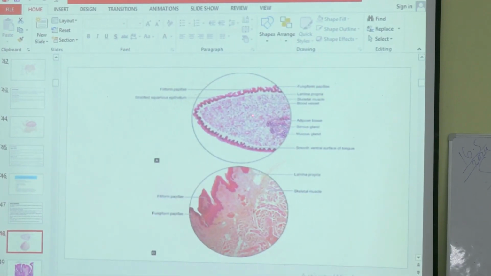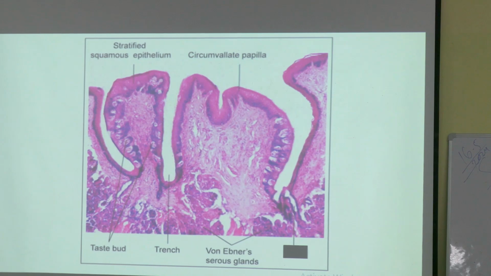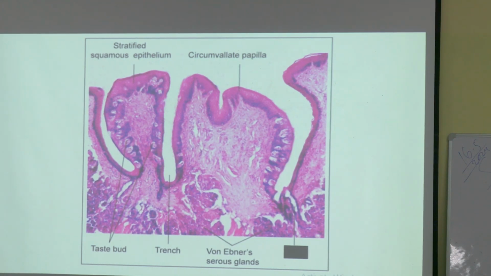Next, this is the central part where you can see the core of skeletal muscle. Now if you concentrate over here, first of all you can see the circumvallate papillae. This is one circumvallate papilla, this is another papilla. In between these two, I hope you can see, this is the sulcus, also called the trench. Now on this particular area, these are nothing but the taste buds.